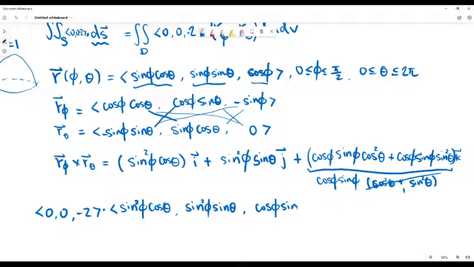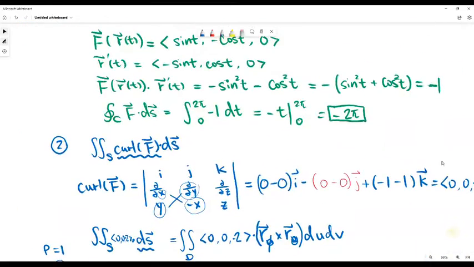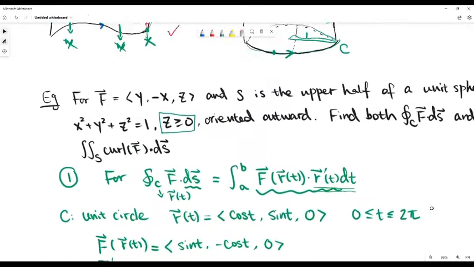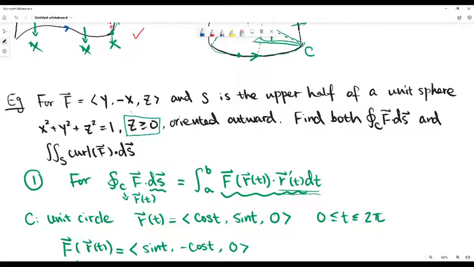And notice that this cross product is the outward orientation that our problem wants. If you look at our problem again, it said that this sphere is oriented outward. That's something you will have to check, otherwise you might miss a negative sign in your answer.